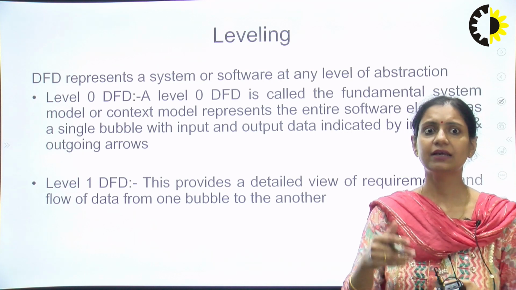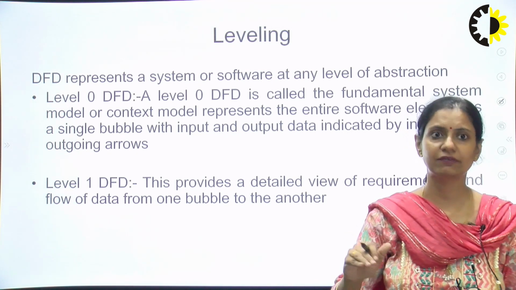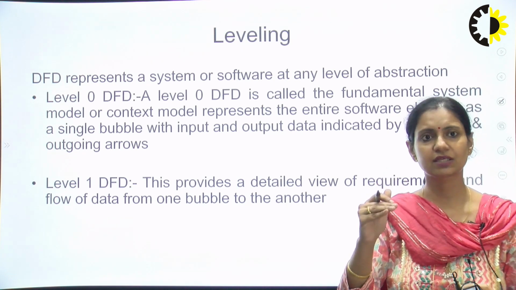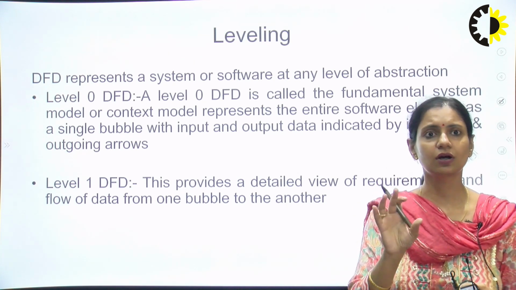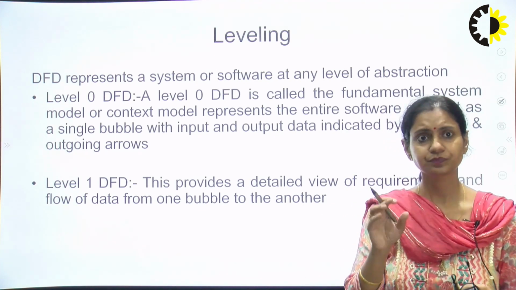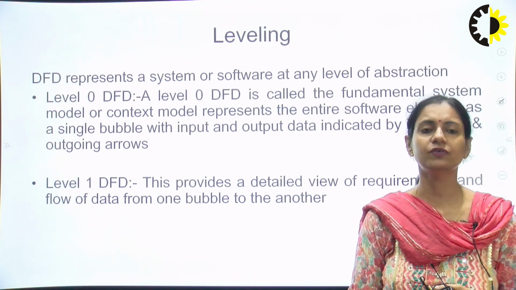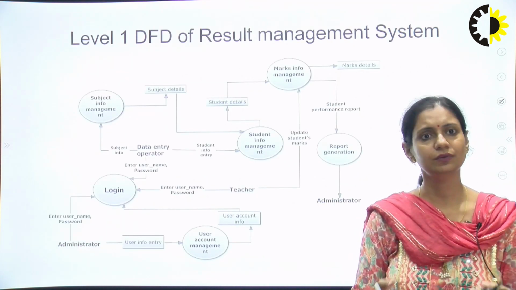We have different levels of DFD because we cannot move into the detailed DFD at the very first level. The level 0 DFD does not talk about detailed things, it is at a very normal stage. Slowly, as we move into the detailed view, we move into level 1 or level 2 DFDs.